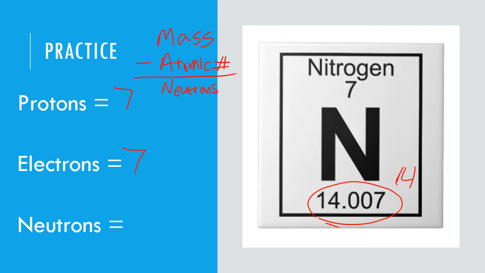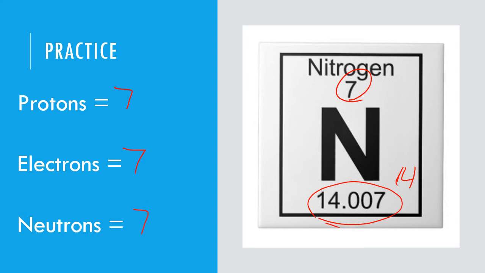Okay, our atomic number is 7, so we're going to simply set up our formula really quick. So we have 14 minus 7 gives us 7. And so our neutrons, in this case, will be 7.